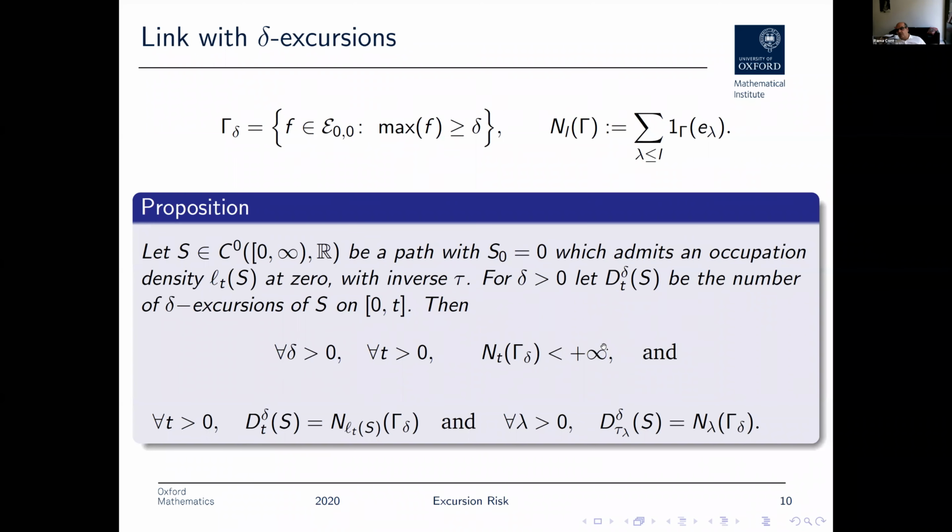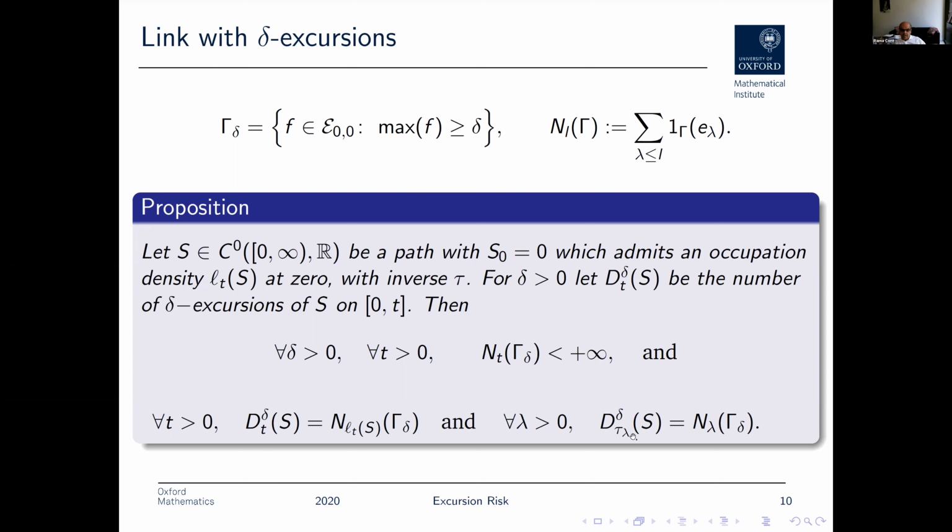So this is a kind of reformulation of the property we saw yesterday. You cannot have infinitely many excursions which cross a finite level delta, because otherwise the path cannot be continuous. So this is not new.